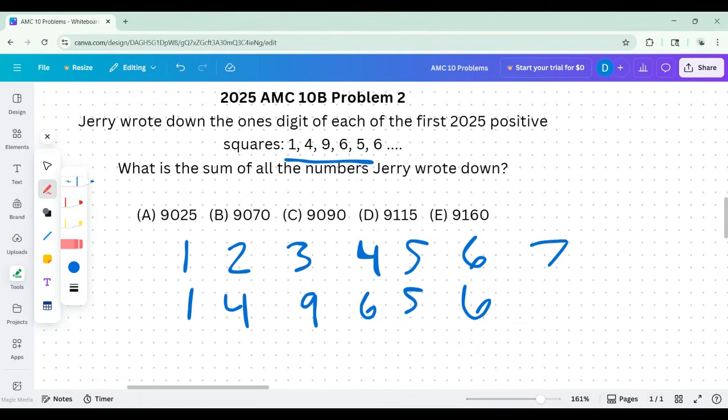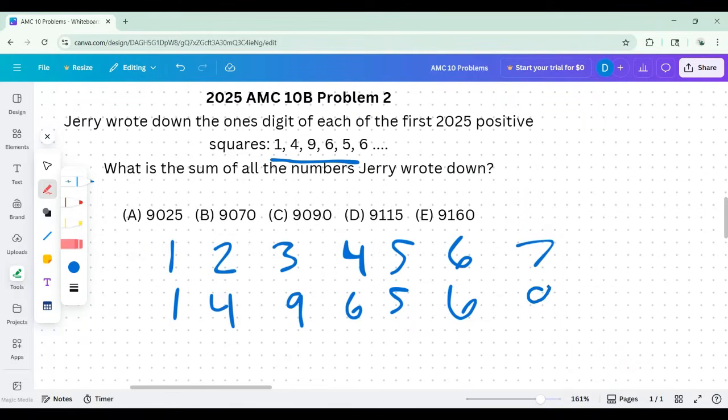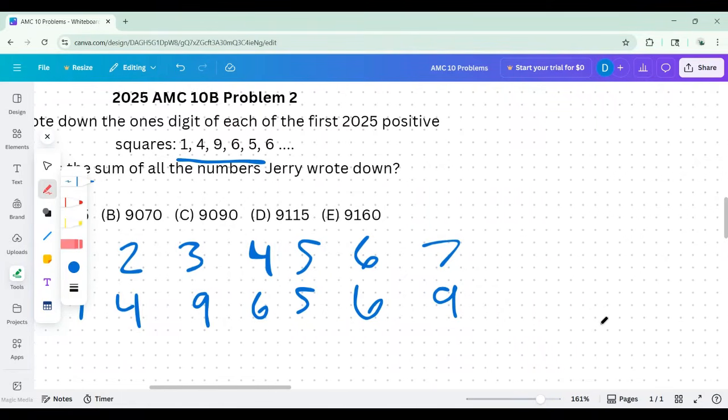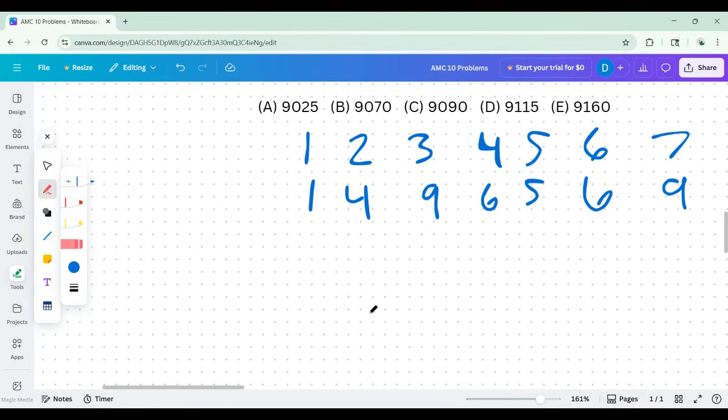We can continue on. The square of 7 is 49. The units digit of that is 9. And then we can continue with 8, and that's 4, 9, and that's 1, 10, and that's 0. And then we see a repeating pattern that starts.